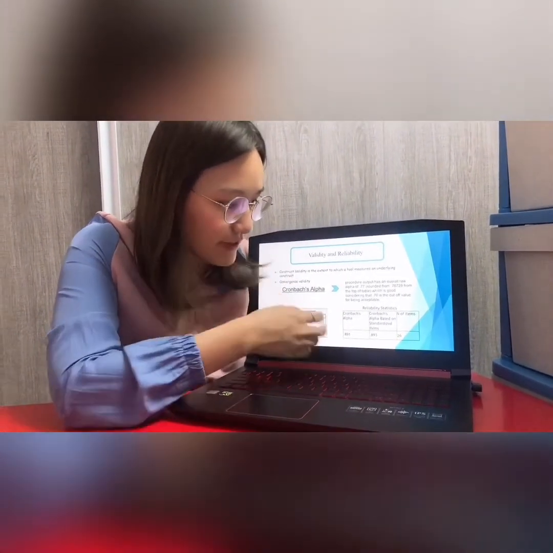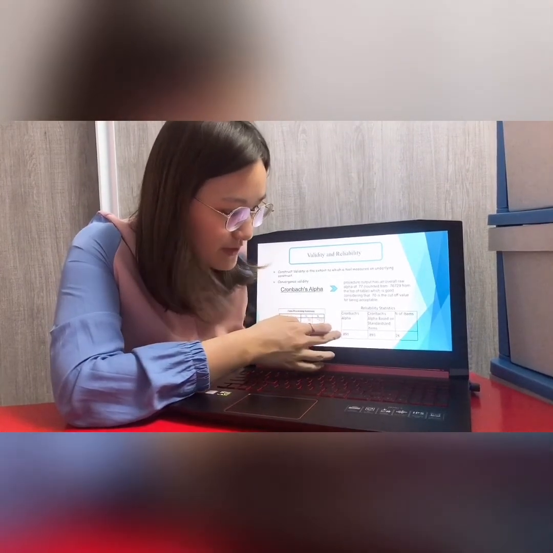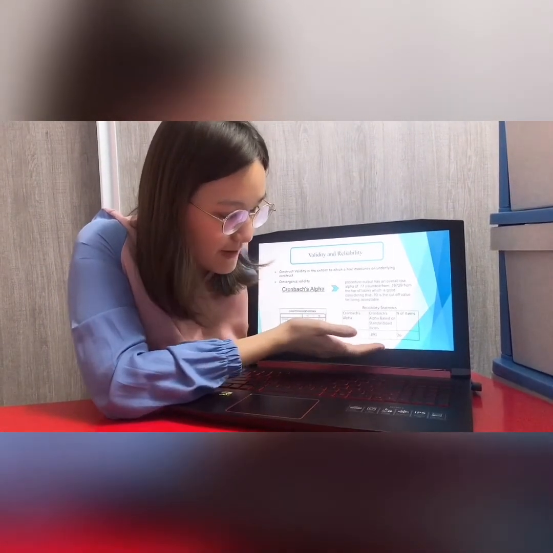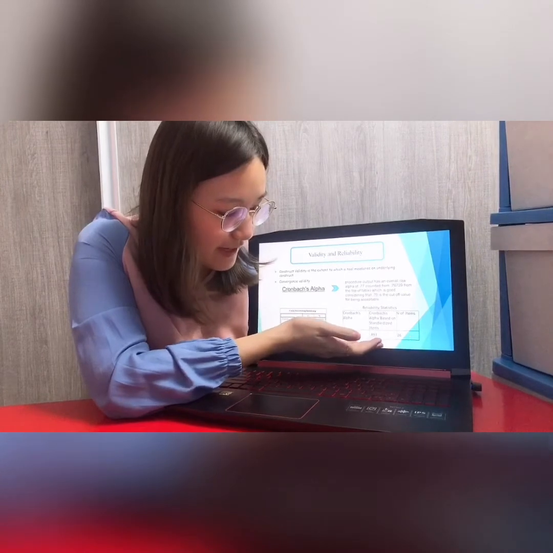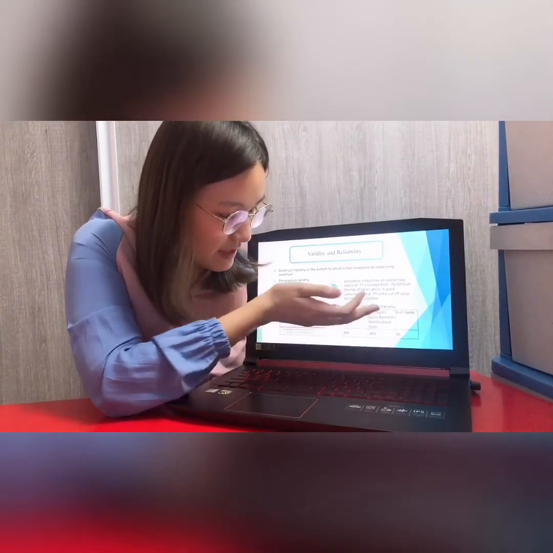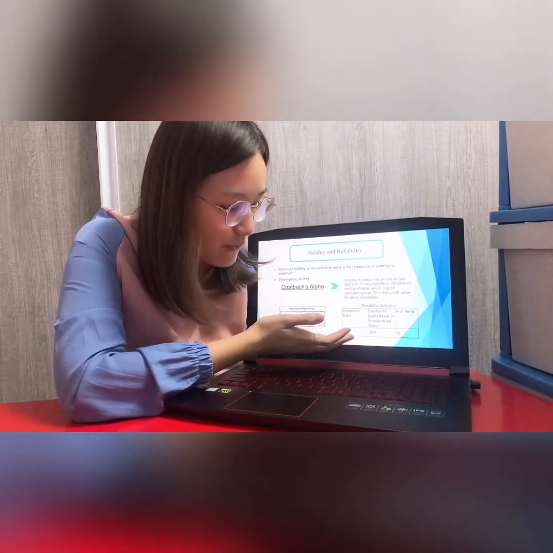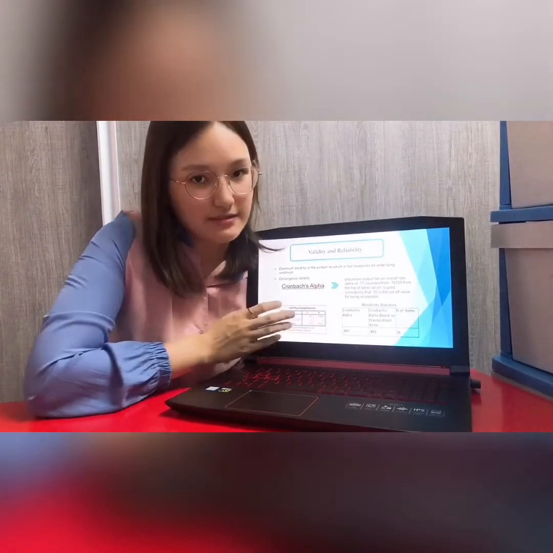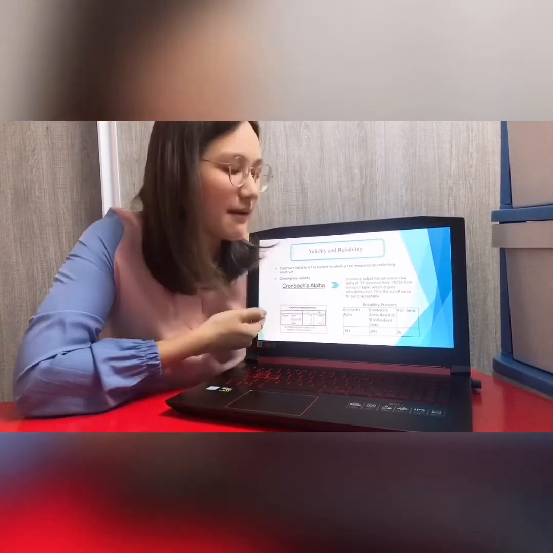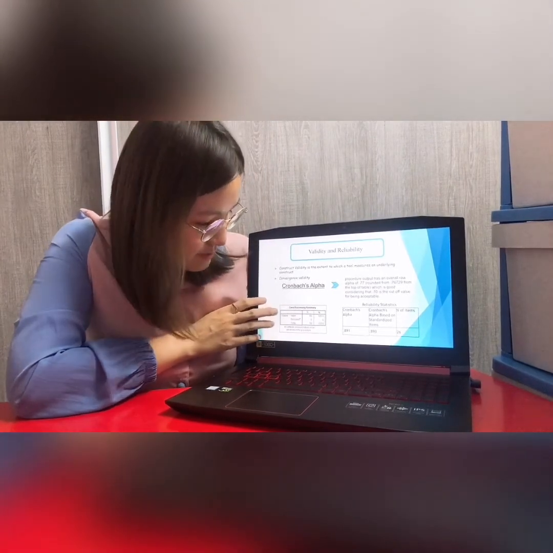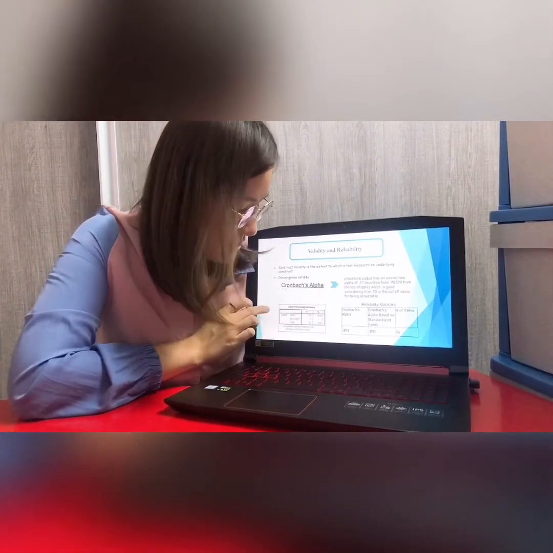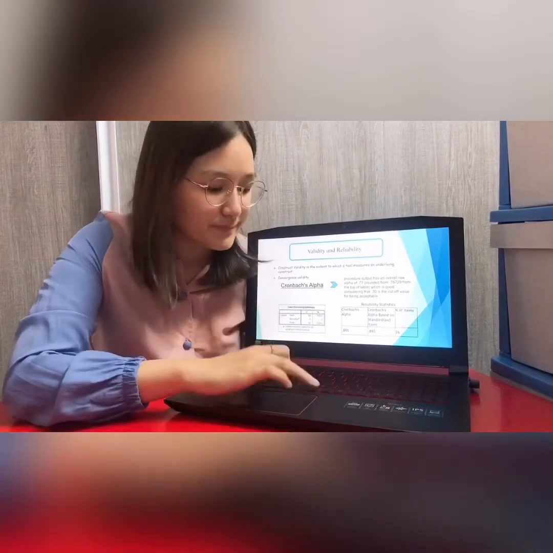For my reliability statistic, the construct alpha is 0.893 and the Cronbach's alpha is 0.891, so it is considered a good result. This is the case processing summary.